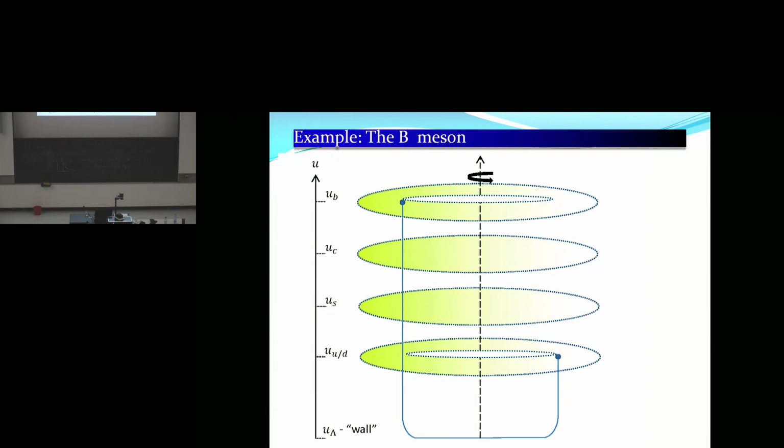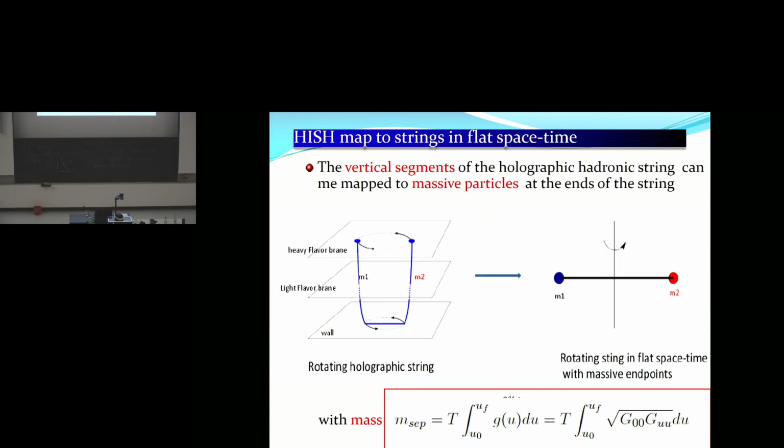The key observation is that if you look at the classical equations of motion of this rotating string in holography, if the string is long, the solutions of the equations of motion are identical to the solution of a rotating string in flat space-time with massive endpoints.